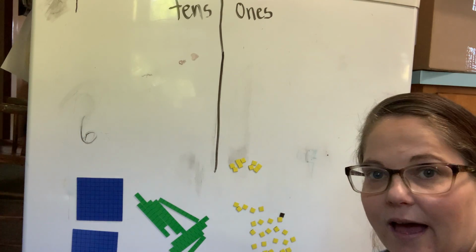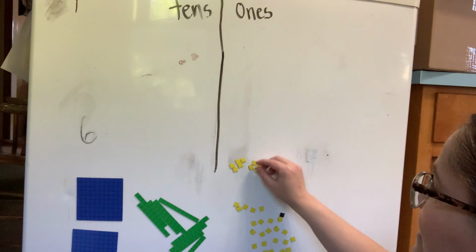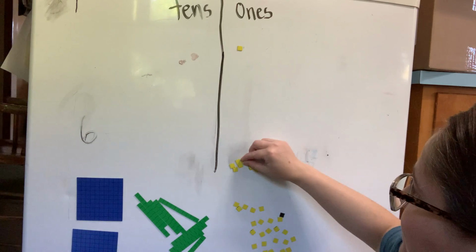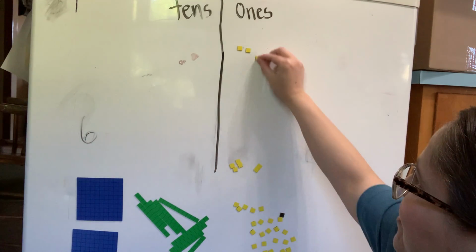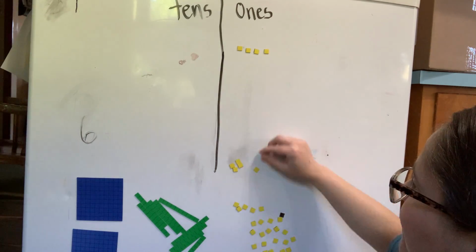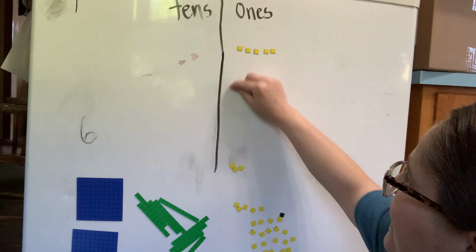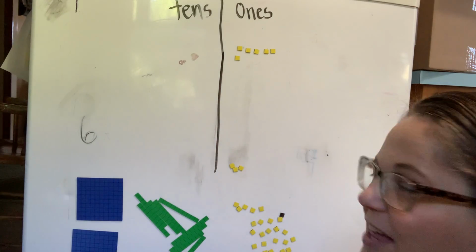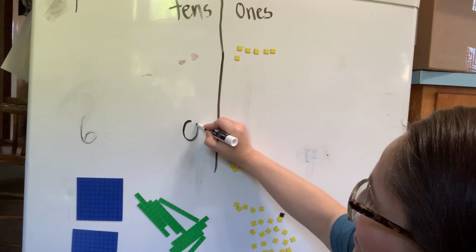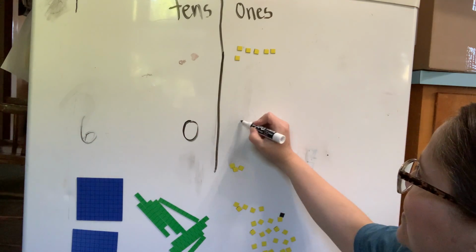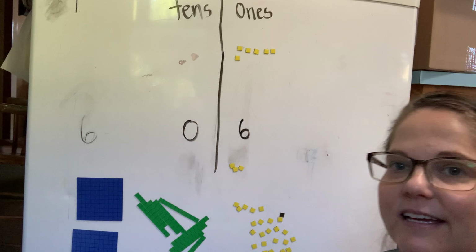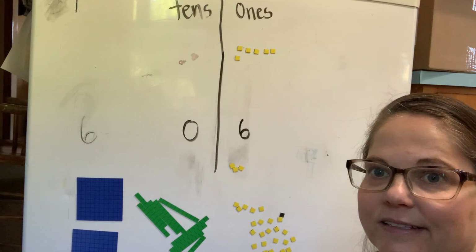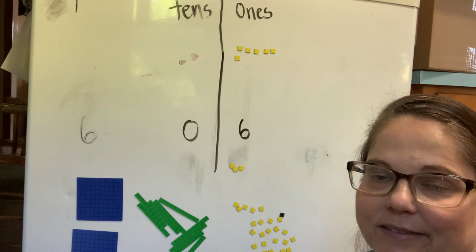So if you said that number 6 looks like 1, 2, 3, 4, 5, 6, you're right. There's nothing. There's 0 in the tens place, and there's a 6 in the ones place. That's what number 6 looks like.